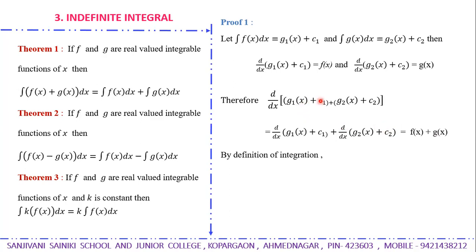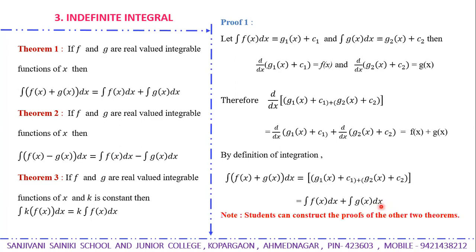If the derivative of this is this function, then the integration of this function must be that function. So the integration of f of x plus g of x dx is g1 of x plus c1 plus g2 of x plus c2. So I can write it as the integration of f of x dx plus the integration of g of x dx.